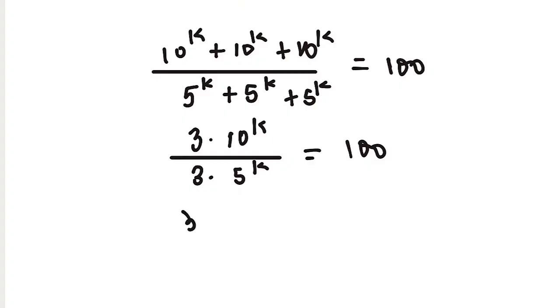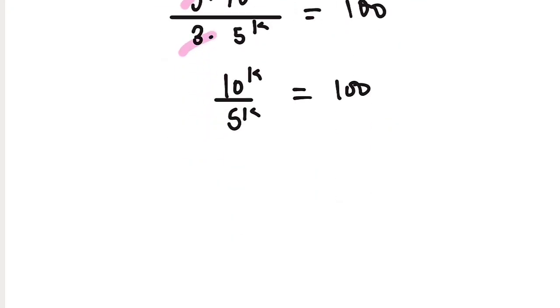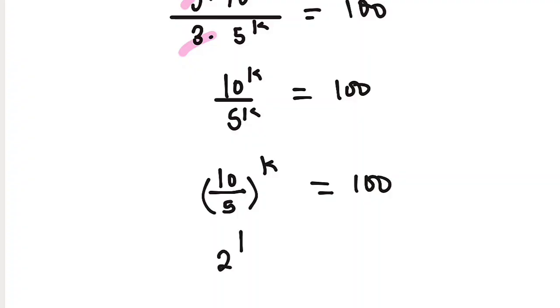We cancel the 3, and we are left with 10 to the power of k over 5 to the power of k, equals 100. Then we have 10 divided by 5, all to the power of k, equals 100. Now when k is 2 log base 2 of 10, we have 2 to the power of k equals 100.